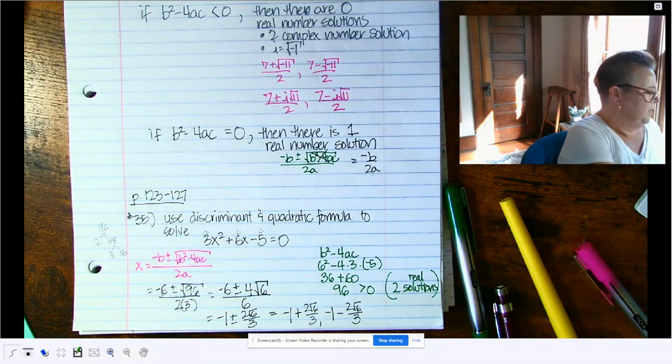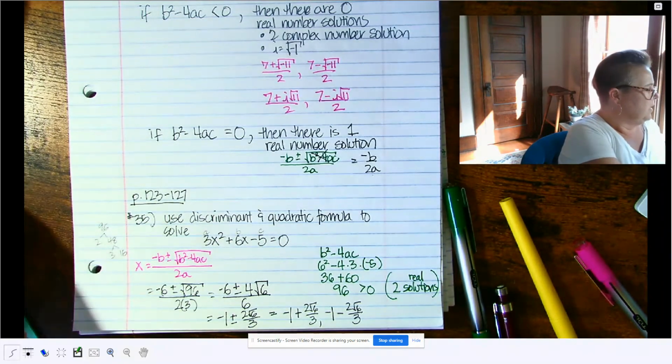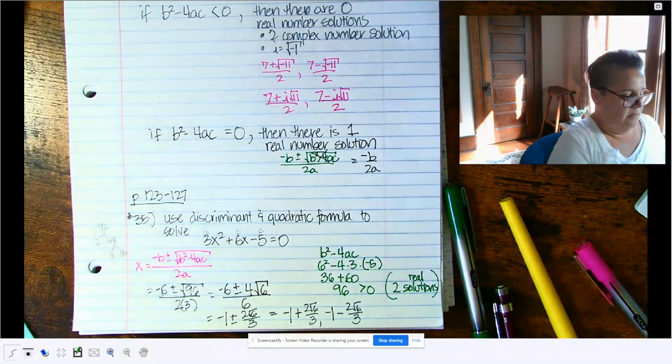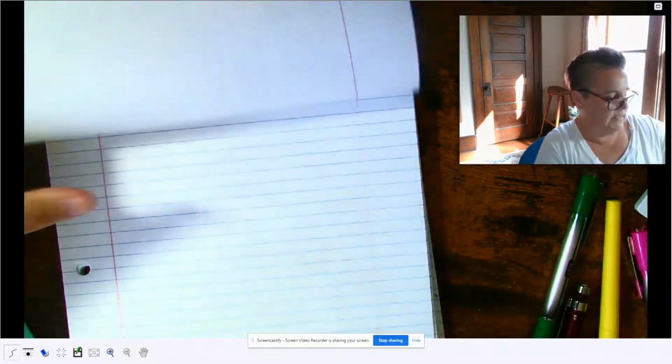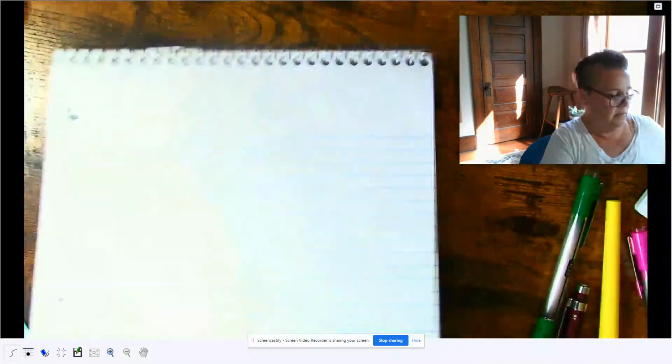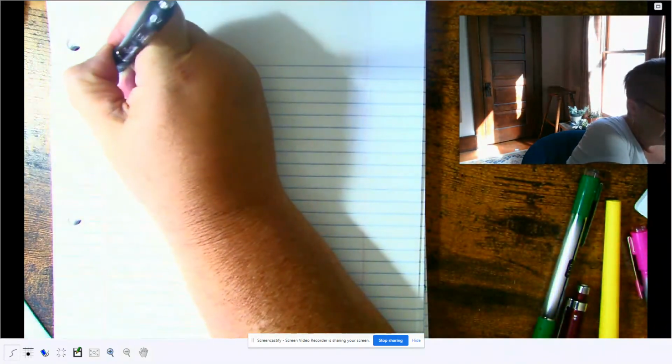Okay. Then we've got problem 73 from that same area. This is a word problem. I wanted to make sure to get a couple of these in here.